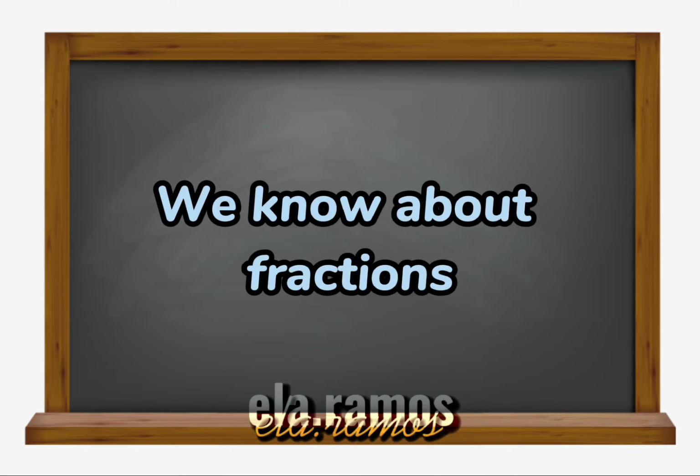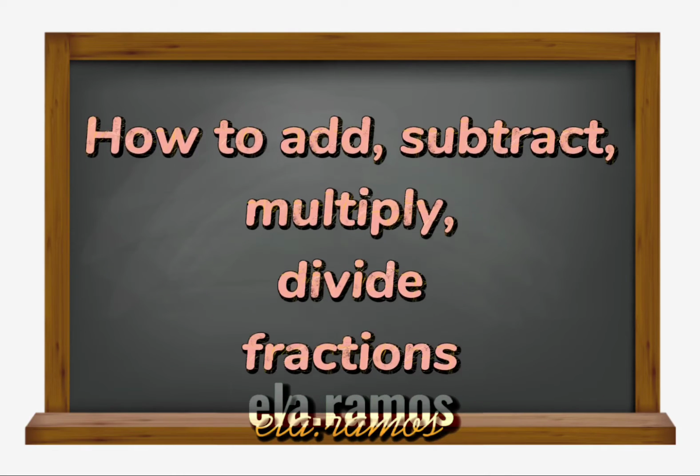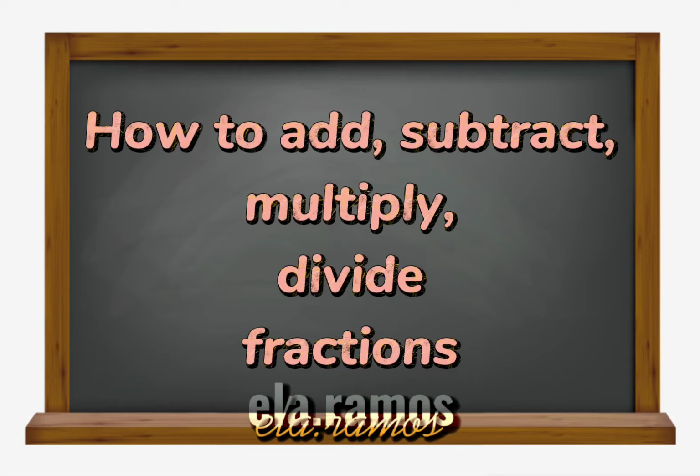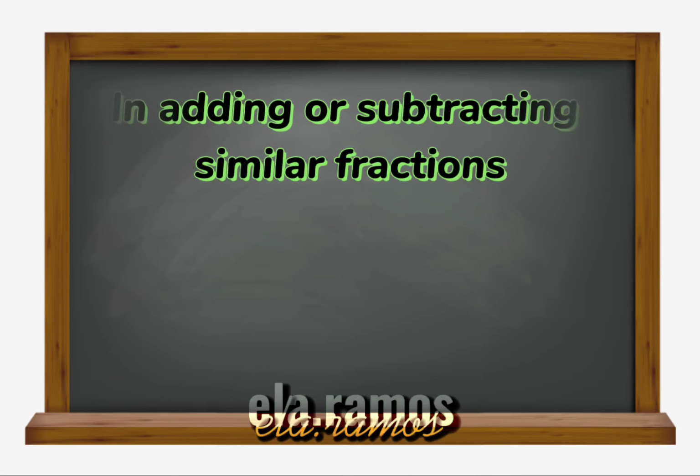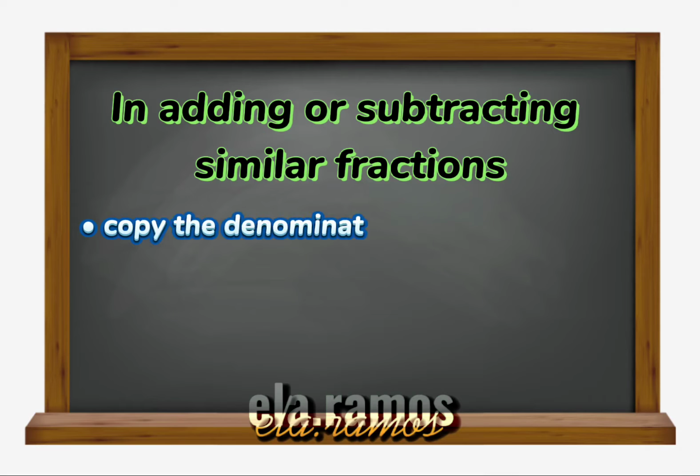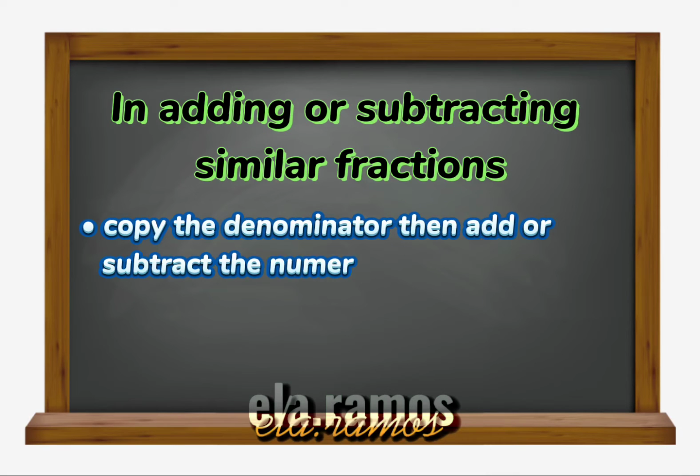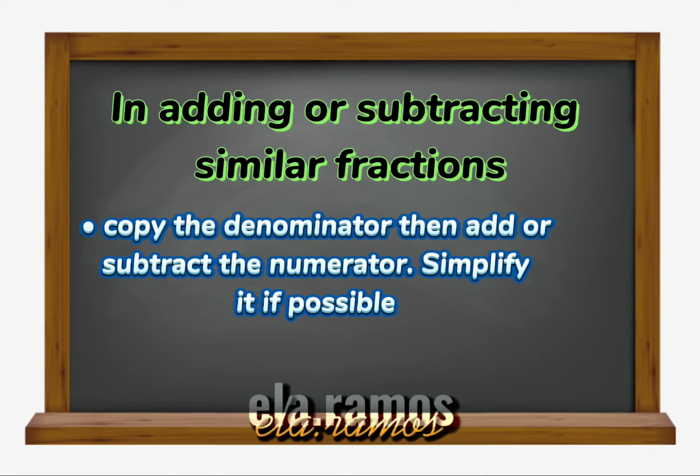Now we know about fractions, we need to know how to add, subtract, multiply, and divide fractions. If adding or subtracting similar fractions, just copy the denominator, then add or subtract the numerators, and simplify if possible.